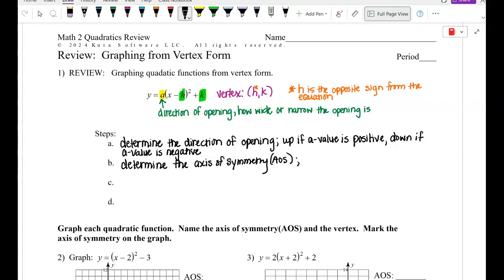And that is found by x equals h. So whatever value we determine h is, because the axis of symmetry has to go through the vertex, they share the same x value. And the reason we have to write it as x equals is because it is a line. So x equals some number gives us a vertical line.